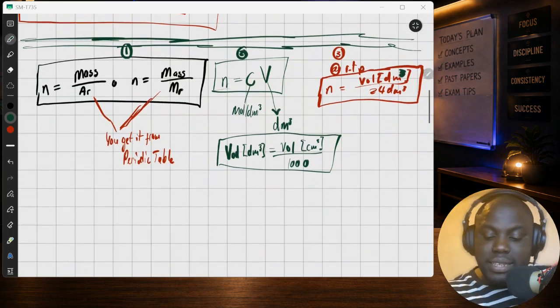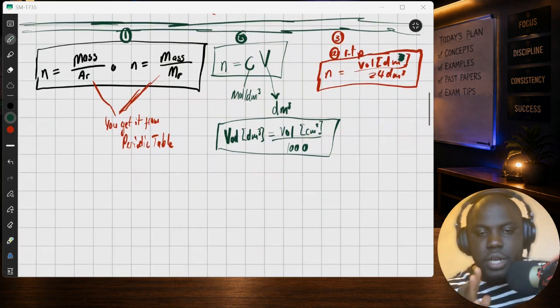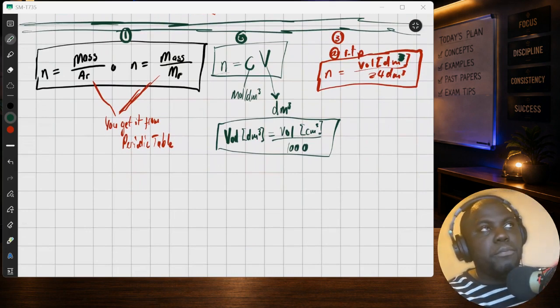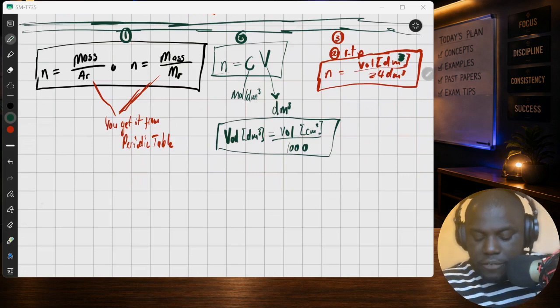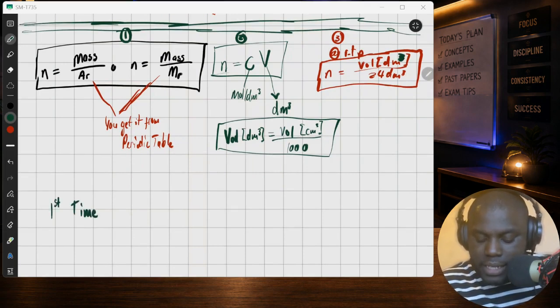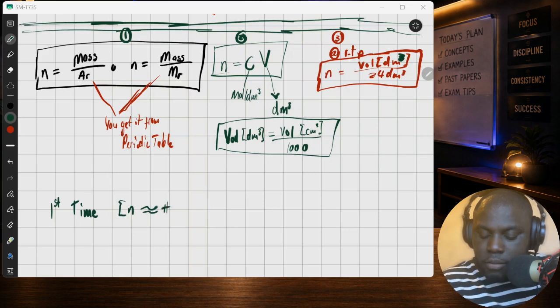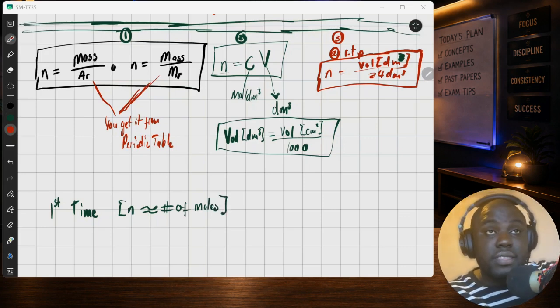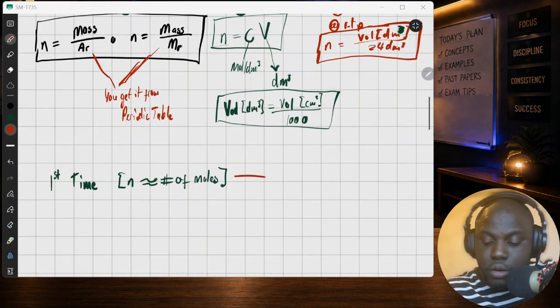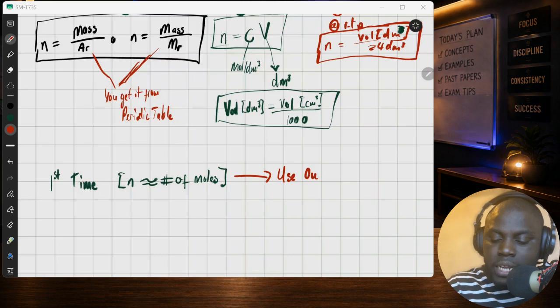Now, there are steps that are followed when you're answering a question, and these steps should not be broken, or else you can never find number of moles. Listen to these steps. The first time you are asked to find number of moles, N, you must use one of the 3 formulas.